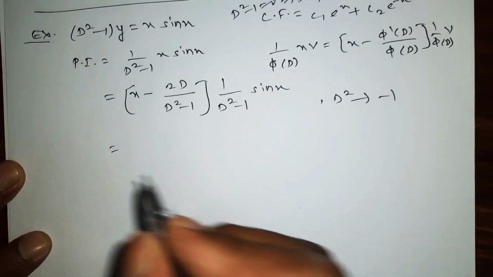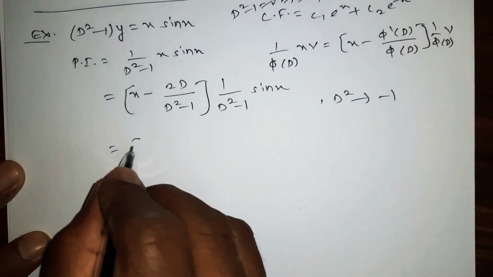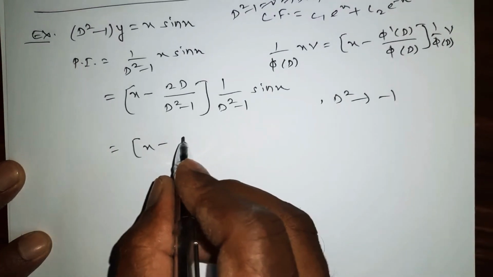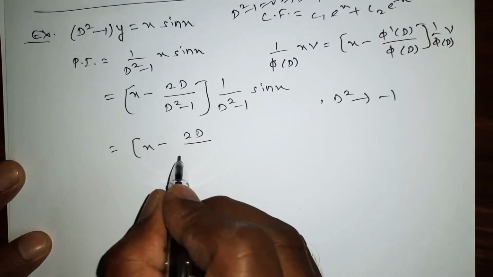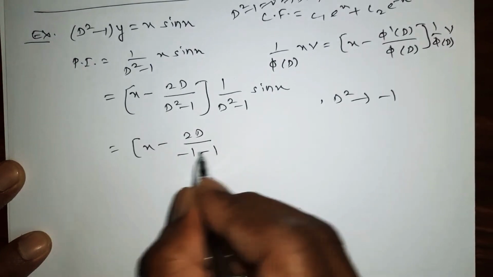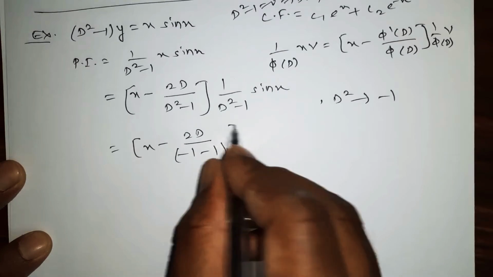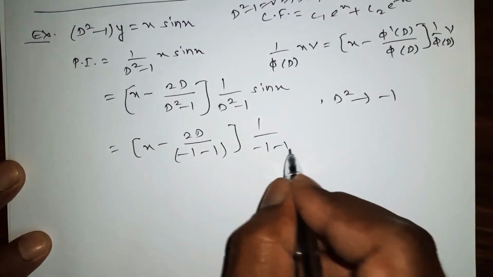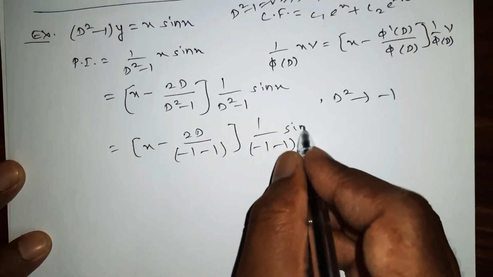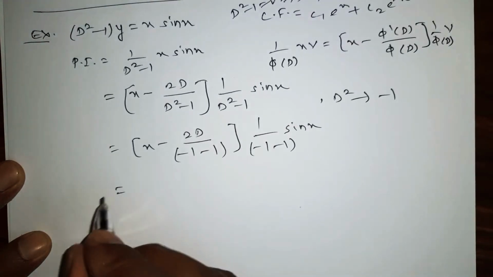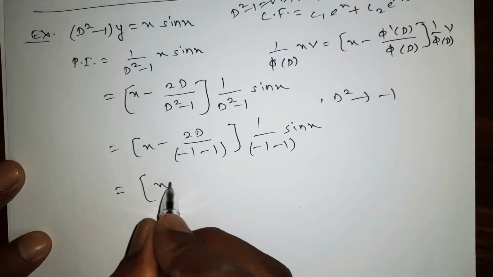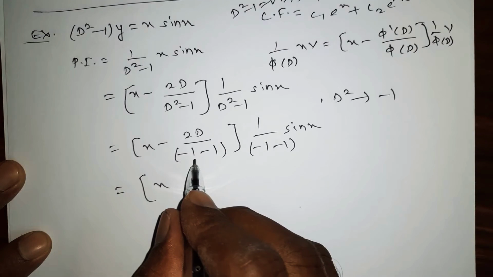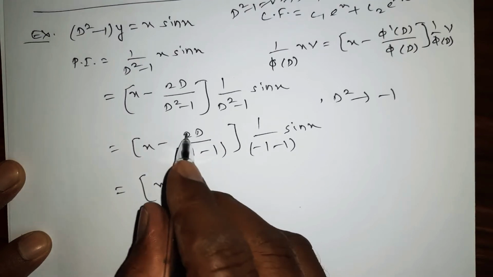D square by minus a square, so minus 1. So here x minus 2D upon minus 1 minus 1. Am I right? 1 upon minus 1 operating on sin x is equal to x minus minus, it becomes plus, and minus 2, and these two get cancelled.